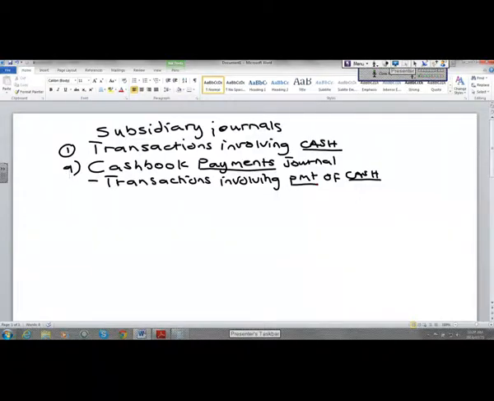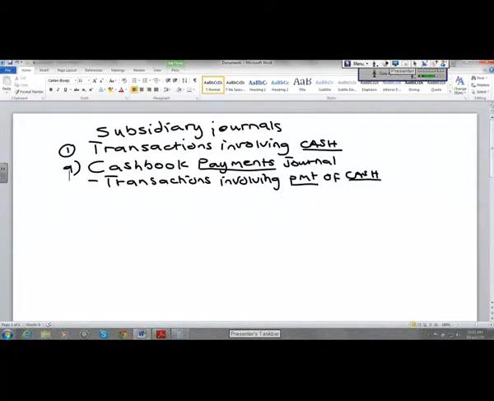But secondly, we can also pay using a cheque. And we can do our payments also using EFTs. All those will be equivalent to cash. I like your question. So every time you pay, whether physical cash or non-physical cash, we're going to record it in the Cash Payments Journal.